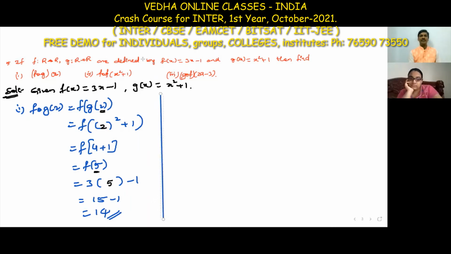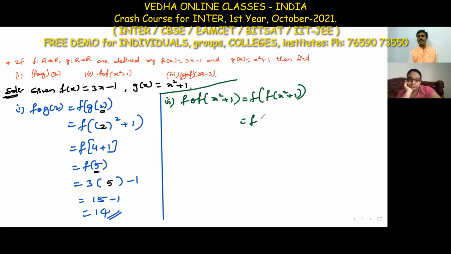Okay, so go to the next question here. What is the next one? The second one is f circle f of x square plus 1. If we open the bracket, f of x square plus 1.